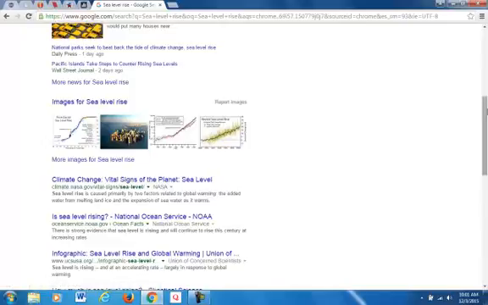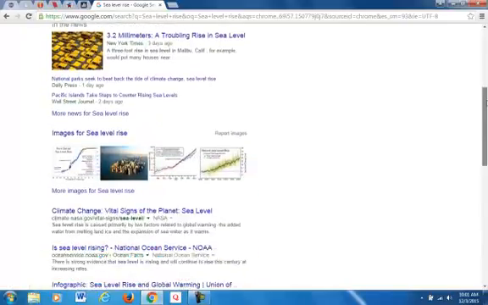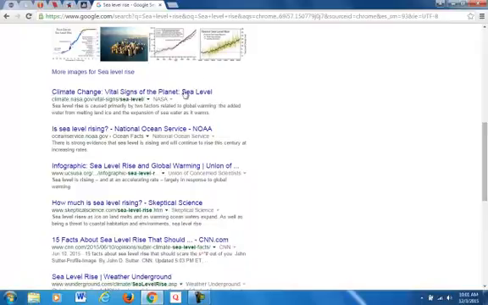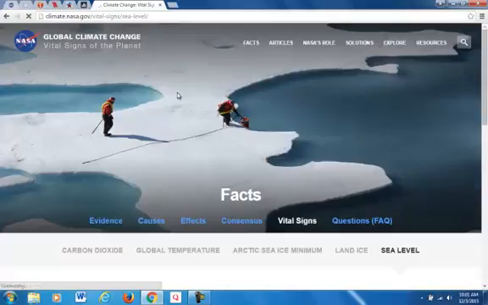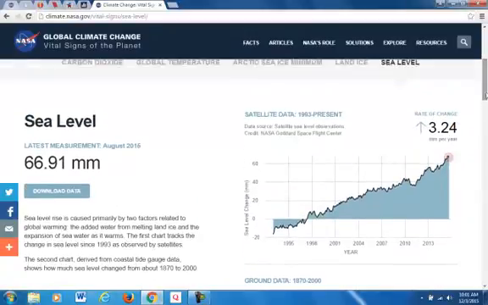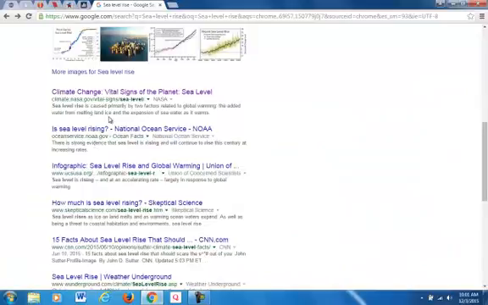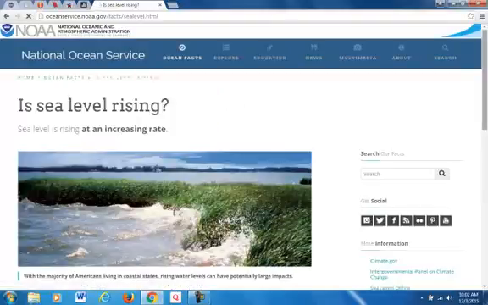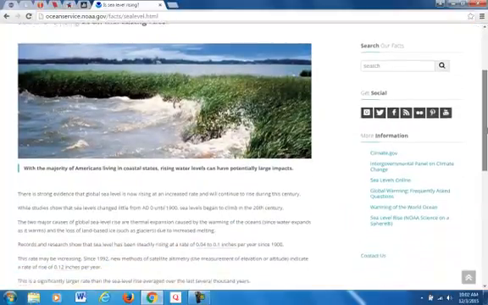And when I search sea level rise, I would see another page from NASA talking about sea level. So I would copy this URL, and I'd go back and paste it on the Word so I could cite it later, and then I'd go to another page from the National Oceanic and Atmospheric Administration, and this is a government website.